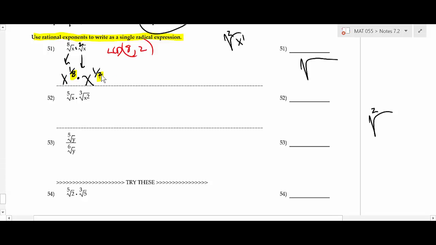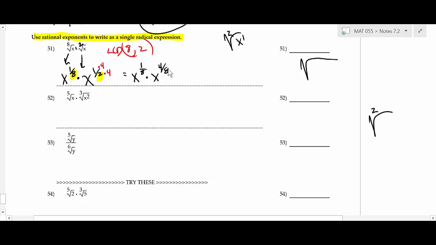So the 1/8, you're going to leave it alone. What do you multiply 2 by so it goes to 8? 4. So you multiply that by 4/4, right? It's just like you're going to be adding the exponents anyway. So what you would have is x to the 1/8 times x to the 4/8. Everybody with me so far?